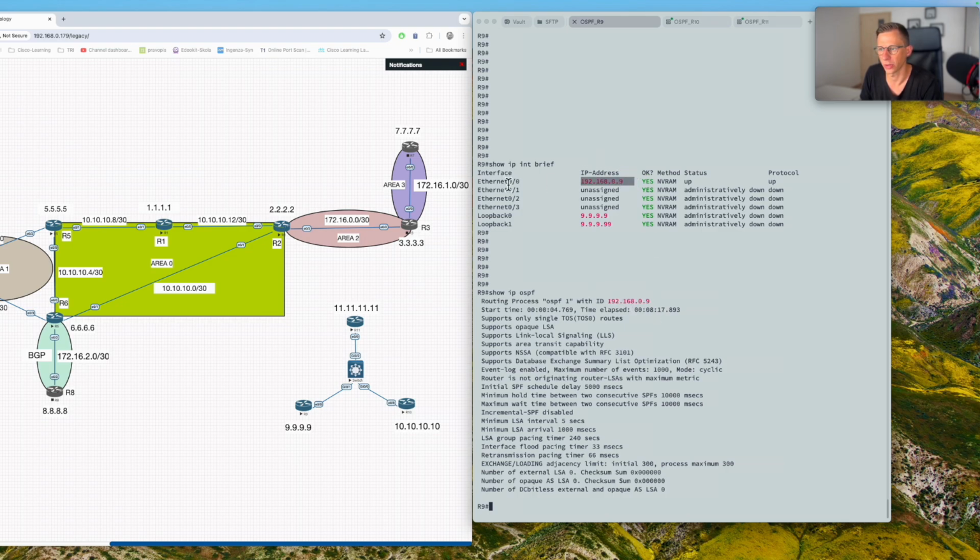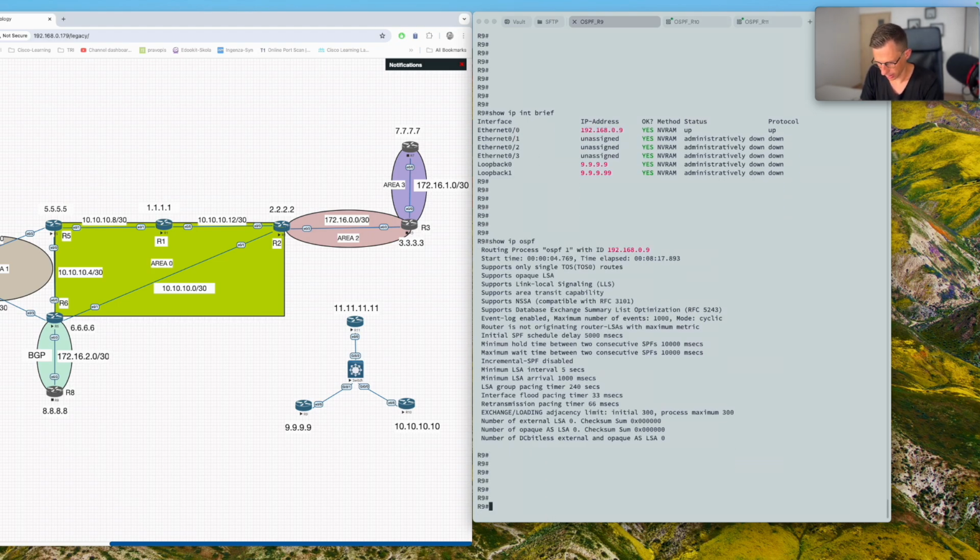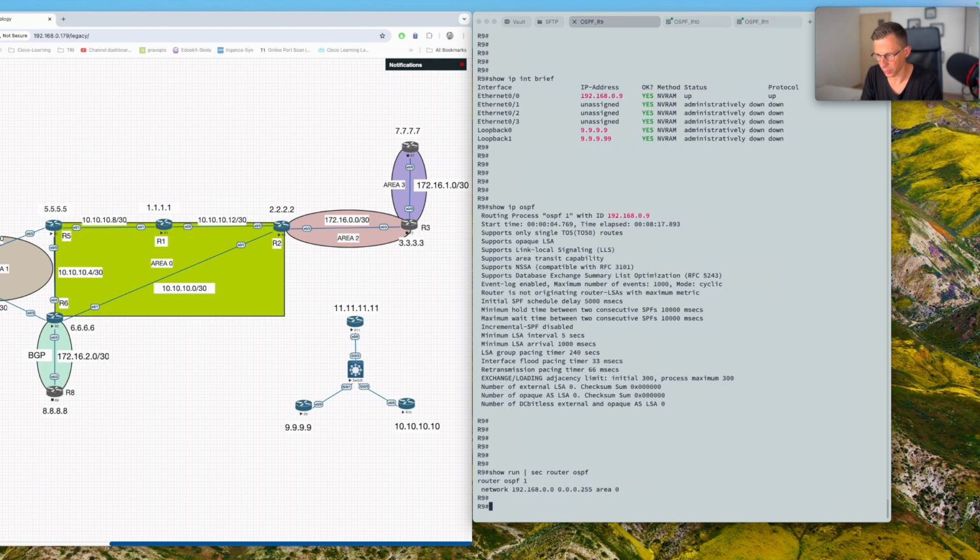That's the IP address of the Ethernet 0/0. And this router ID was picked by the OSPF process by default, because if I look at the configuration, show run section router ospf, there is no static configuration for the router ID.